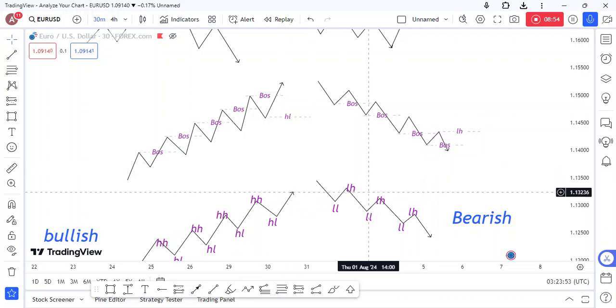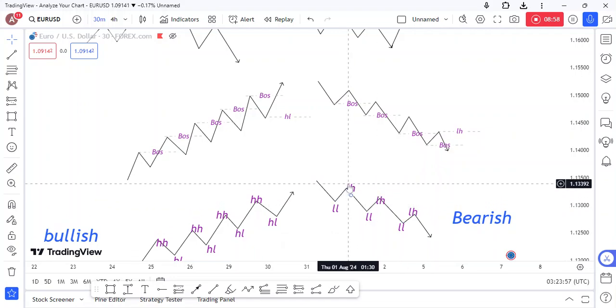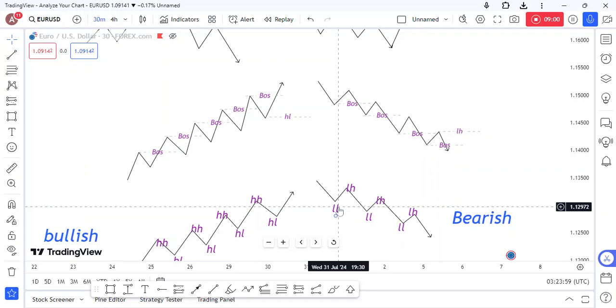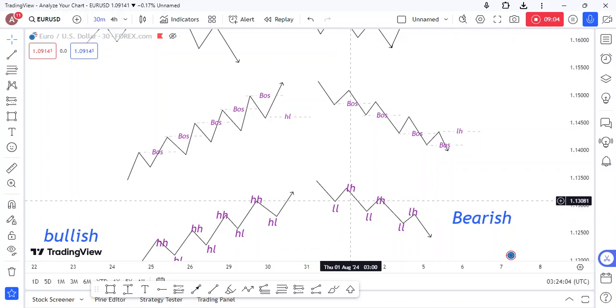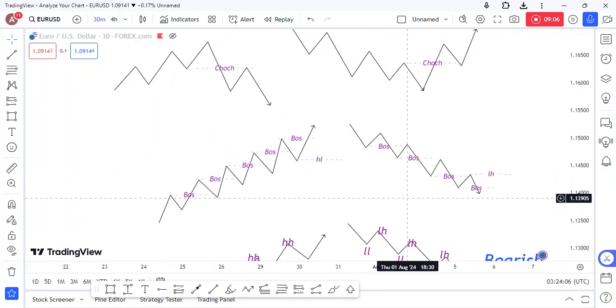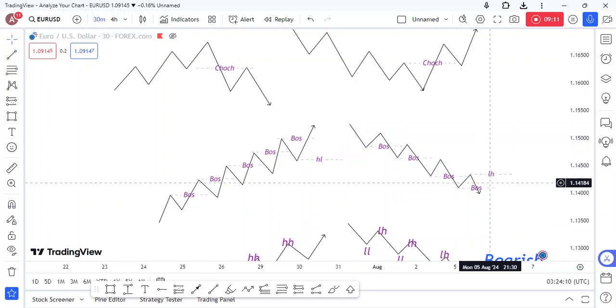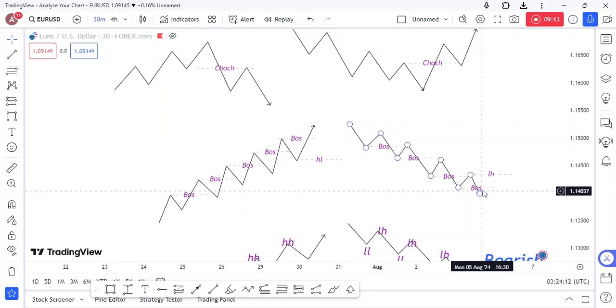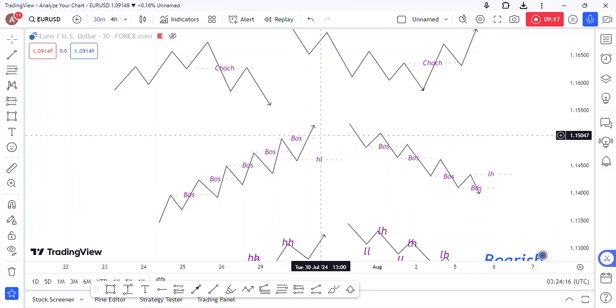For a bearish market, the succeeding high must be lower than the previous high, and the succeeding low must be lower than the previous low. Now, the market should have pulled back and then run down. The market should have also pulled back and run down. This is what I'm talking about.